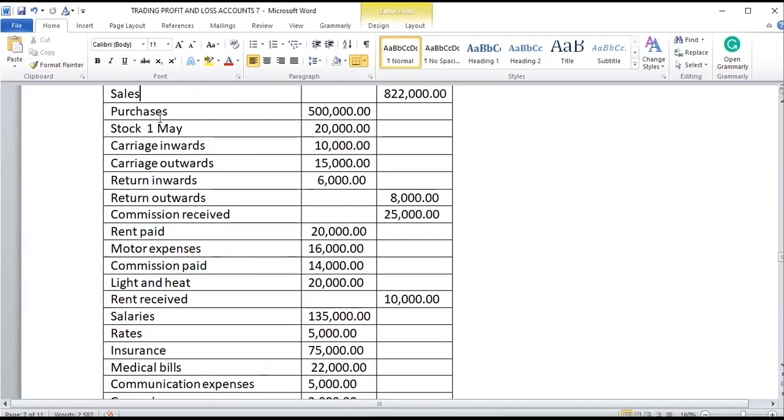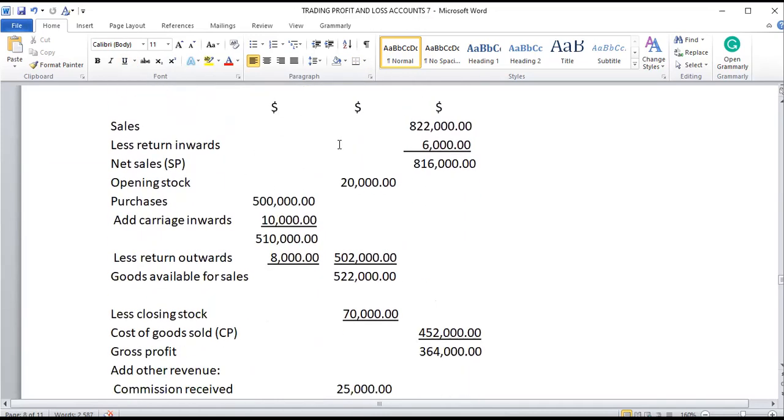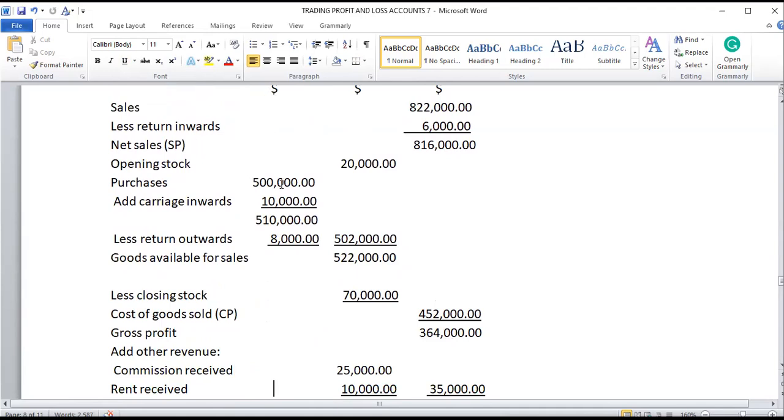You have your purchases, $500,000. You add your carriage inwards, $10,000. So $500,000 plus the carriage of $10,000, we get $510,000. Then you less return outwards, $8,000.